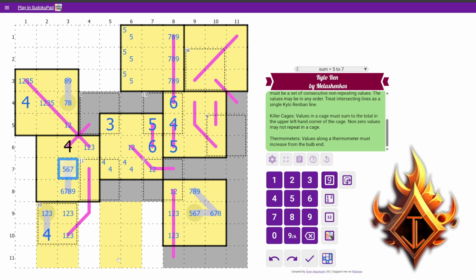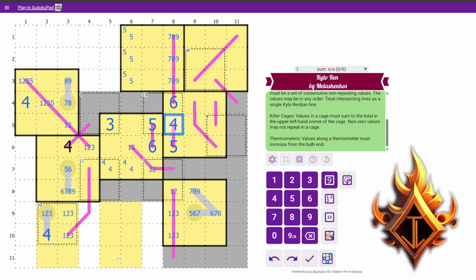Yeah, so it can't be that. Can it be a 6? Yeah, it can. Okay, that didn't help too much then. If this is a 7, that won't help too much either. Alrighty.